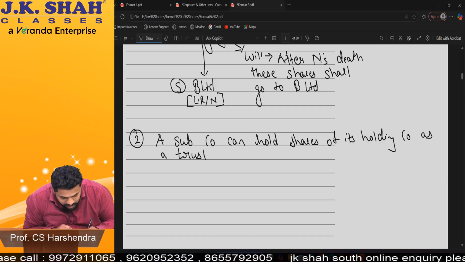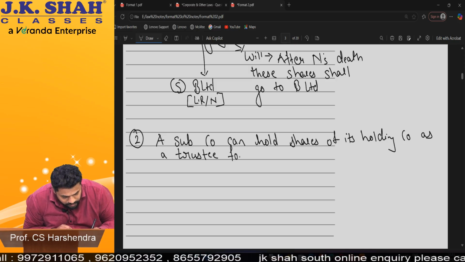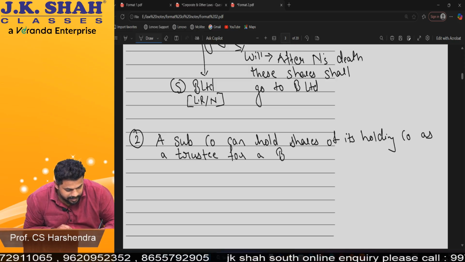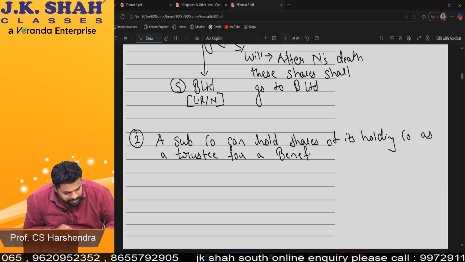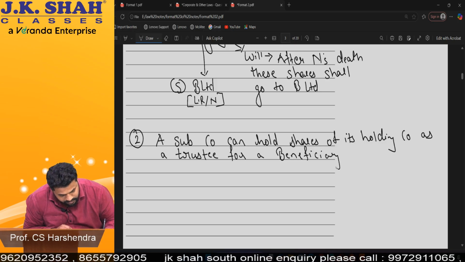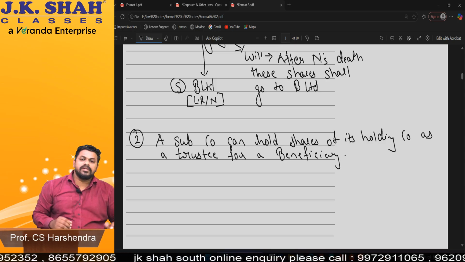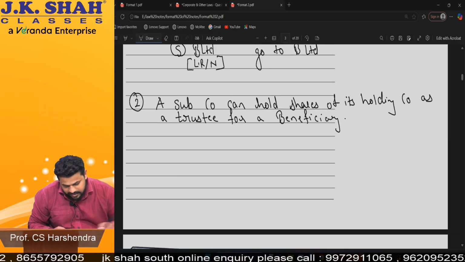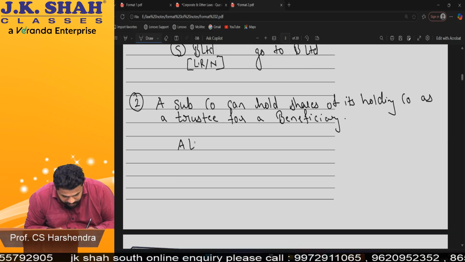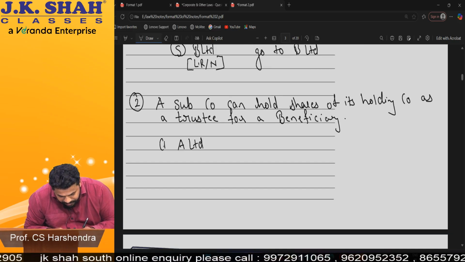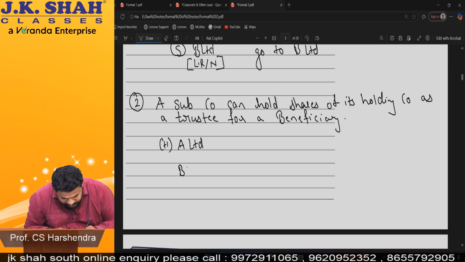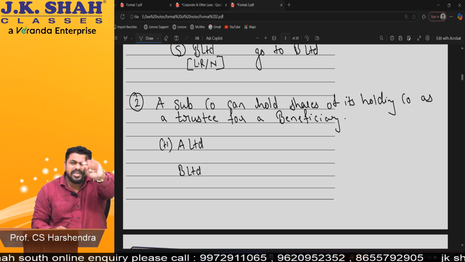As what, beta? Trustee for a beneficiary. Let's understand this. See, A Limited is the holding company and B Limited is the subsidiary. Same example, a bit of a twist here.